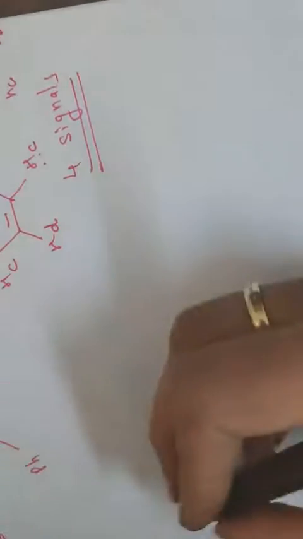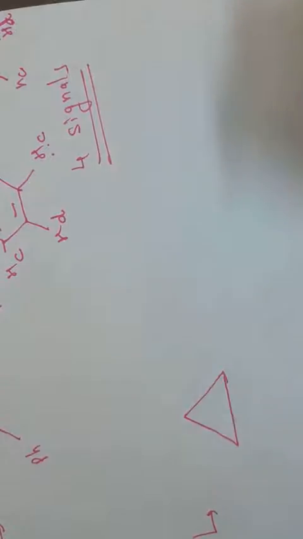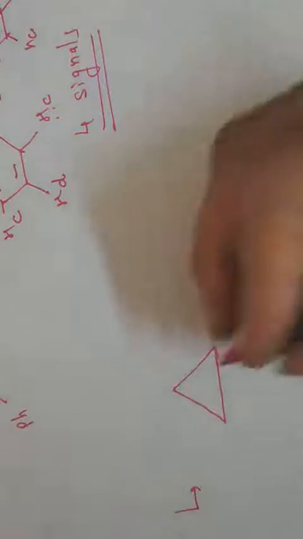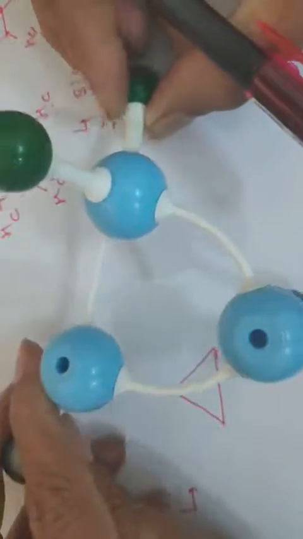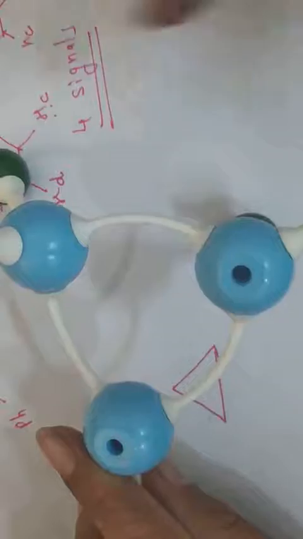Now we will take more examples. Let us suppose you have cyclopropane, with protons also drawn. All the groups are similar. The environment of this is the same as this. With the help of this C2 axis, this will be rotated like this.